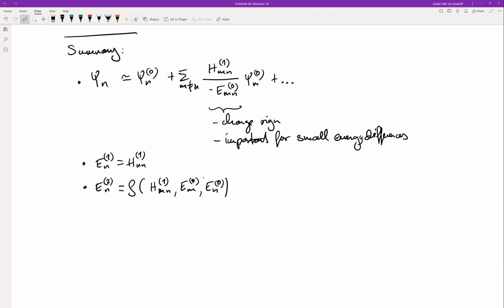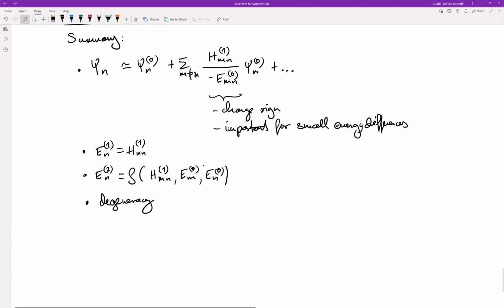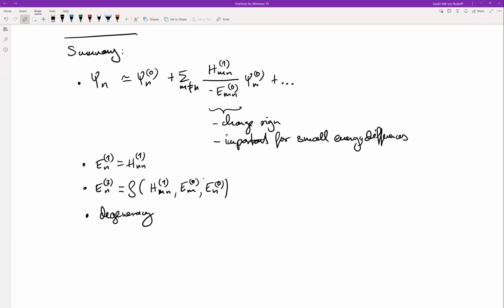Now, it's also important to keep in mind that all we discussed in that regard was for non-degenerate cases. There is an extension of that logic. So for degeneracy, once the energy differences between two levels are the same, so the difference is zero, then the response of different levels can go in different directions, and you need to treat this explicitly.